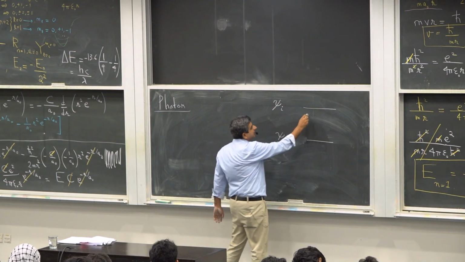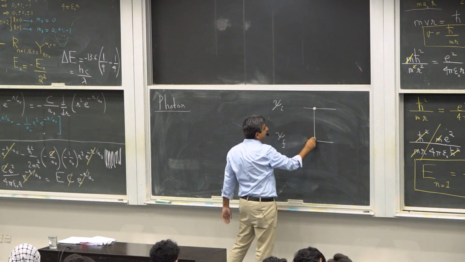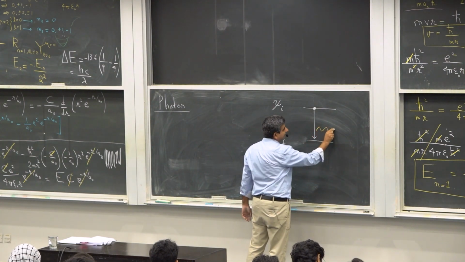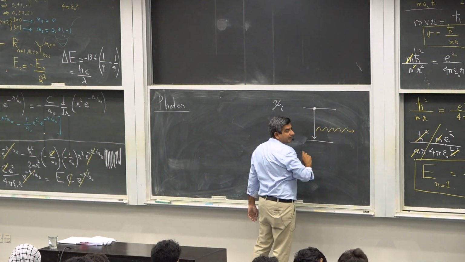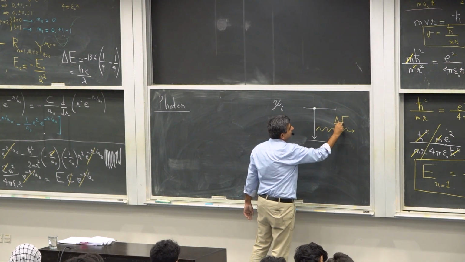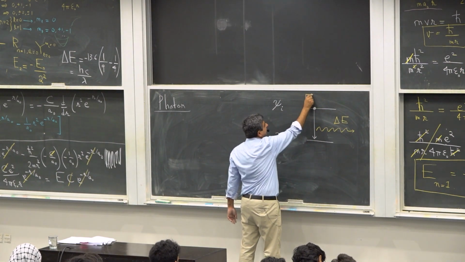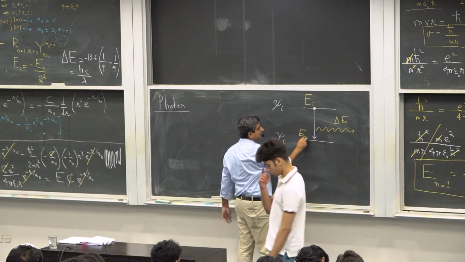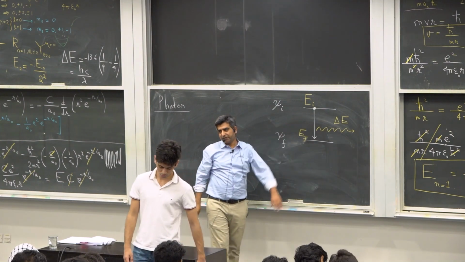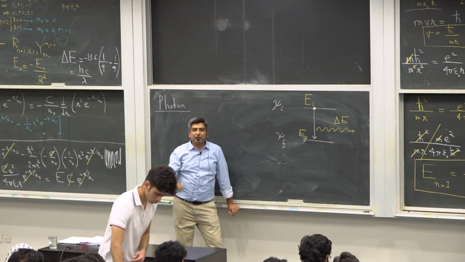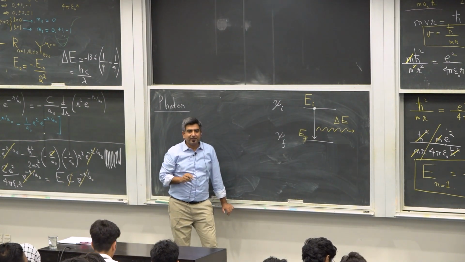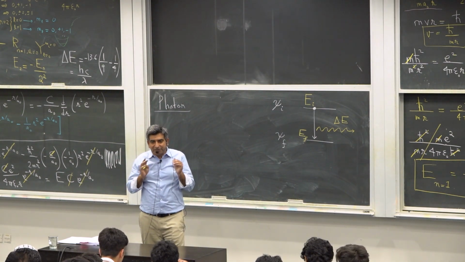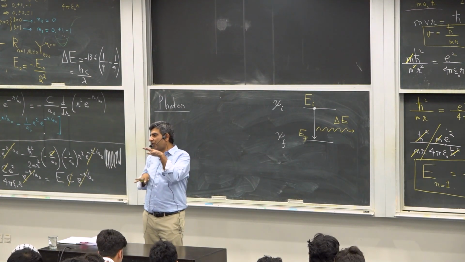Now the electron makes a transition from the initial state to the final state, and the argument is that a photon is emitted, of energy delta E. This energy is E initial, this energy is E final, and delta E is E i minus E f. Now one way of looking at the photon is that a transition between two energy levels is really a superposition of two quantum states.